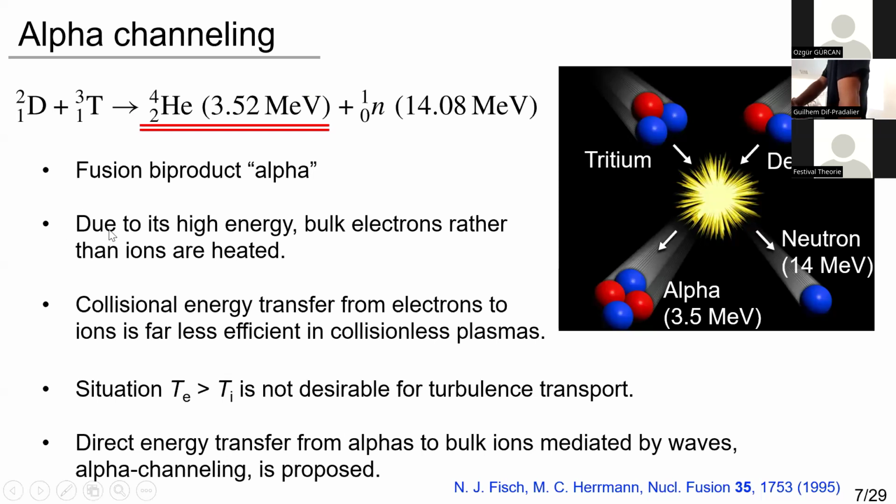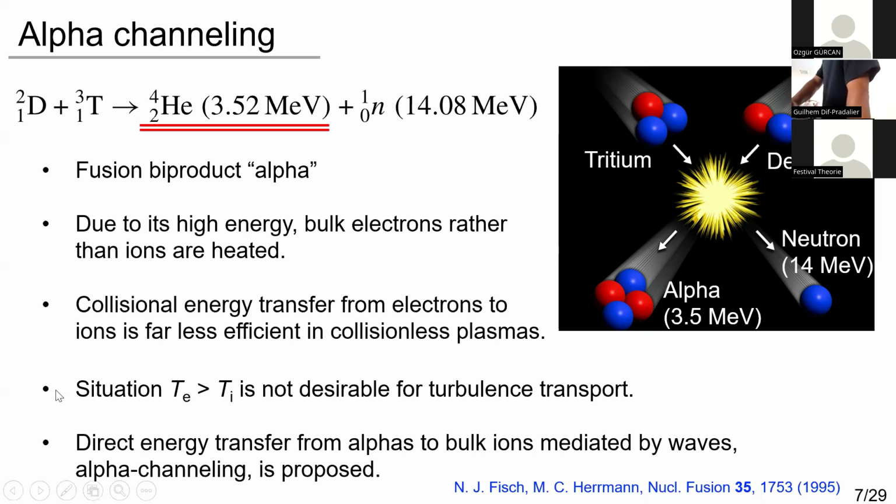Due to the high energy of the alpha particles, the bulk electrons rather than ions are selectively heated. And collisional energy transfer from electrons to ions is far less efficient in collisionless plasmas because collision is quite rare.